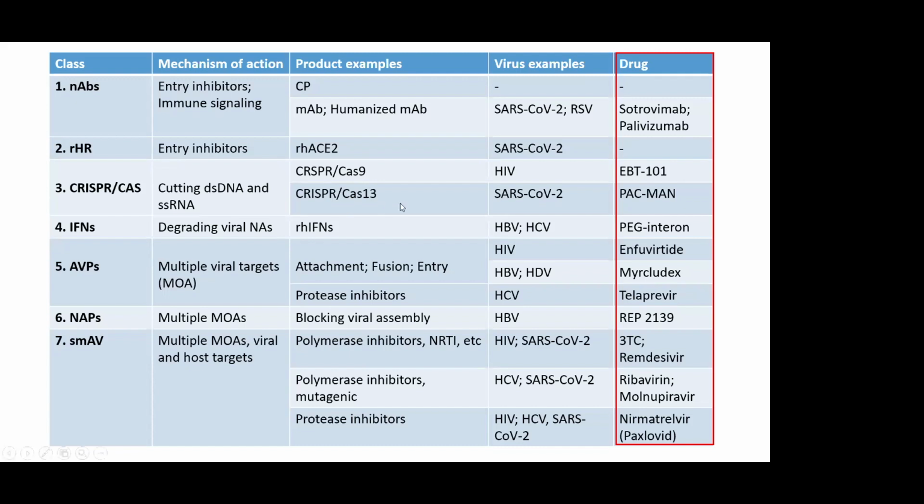So this product here called EBT-101, can you see that for HIV? Yes. This is a CRISPR-Cas9 product that was inserted into an adeno-associated virus, like a gene therapy, delivered specifically to excise the provirus out of the human DNA to cure somebody from HIV.